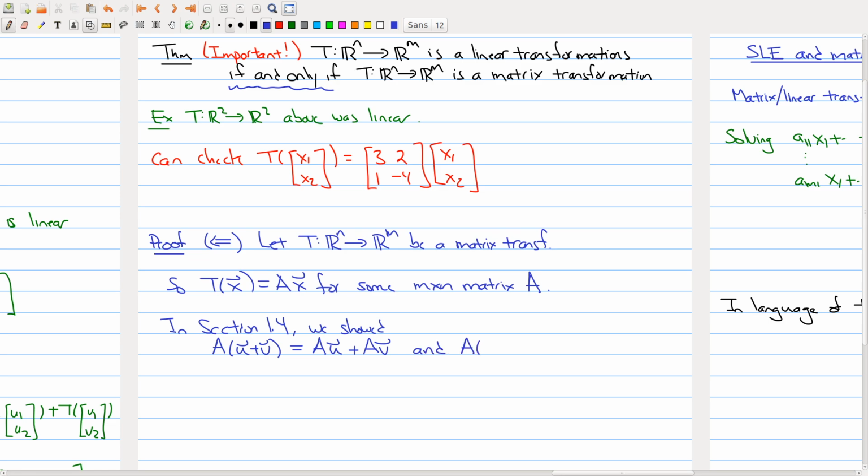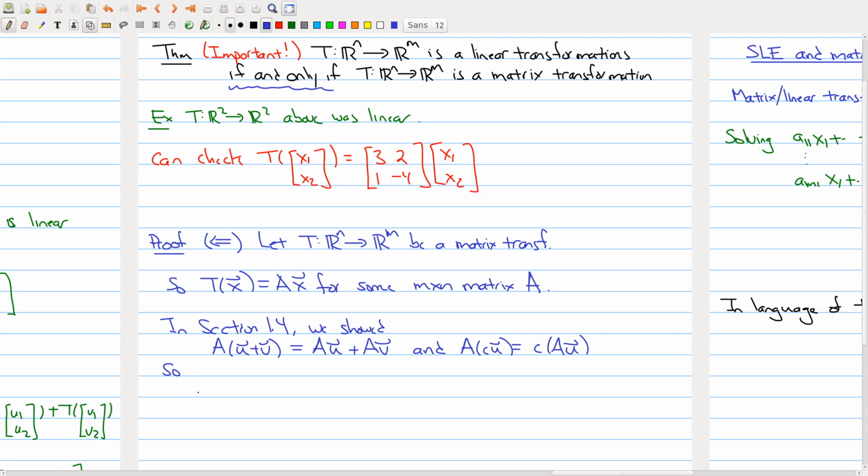And we saw something similar for scalar multiplication. Namely, I can first scale the vector by c and then multiply by the matrix A, or I can multiply A by the vector u and then multiply by c.